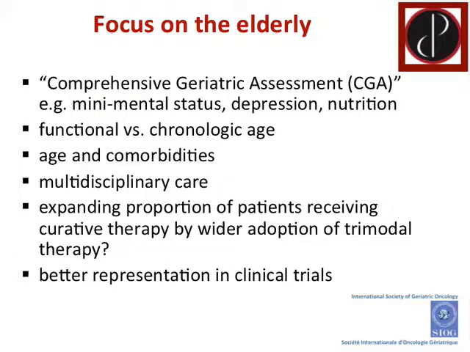So based on the recommendation of the International Society of Geriatric Oncology, we need to think about comprehensive geriatric assessments, including mini-mental status, depression, nutrition.